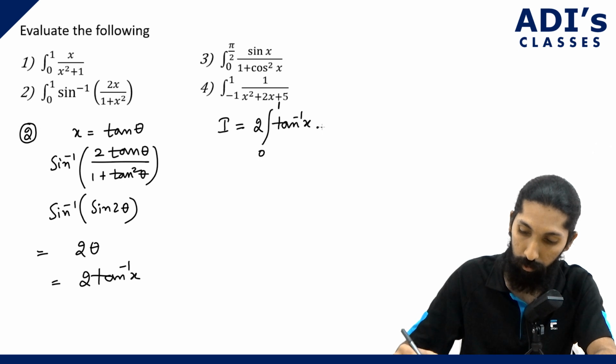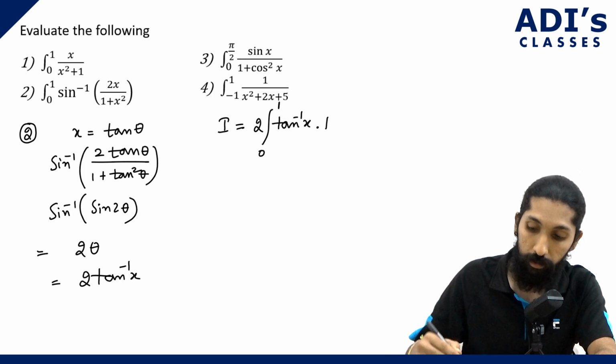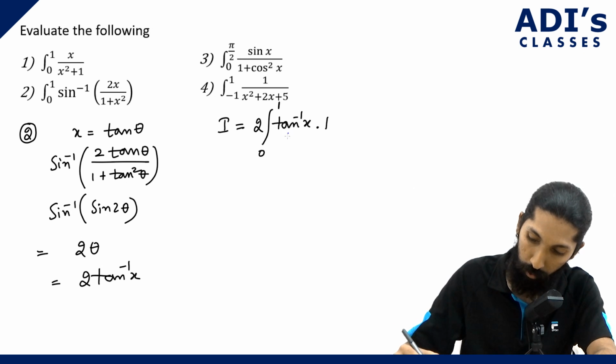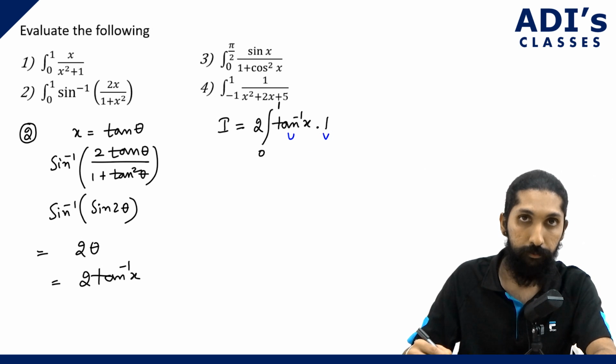See, that is 0 to 1, correct? 0 to 1 is the limit. Tan inverse of x into 1. So what is the first function? This is u, this is v, right?